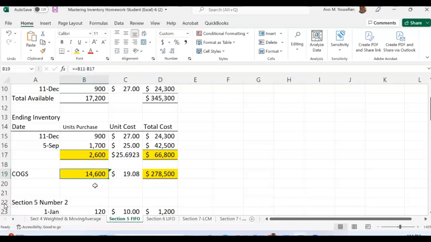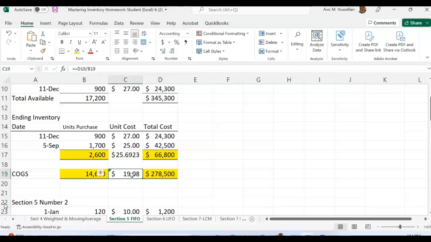So you know that you sold 14,600 units, but the cost is $345 available less end inventory value of 66,800. That gives you cost of goods sold of 278,500 cost of goods sold. Okay.